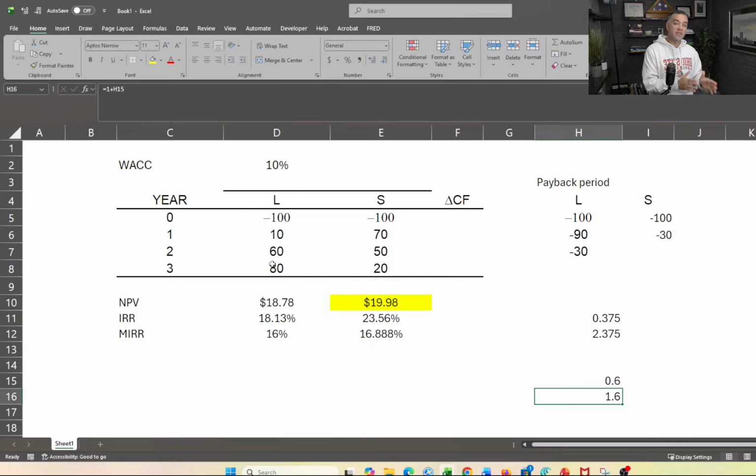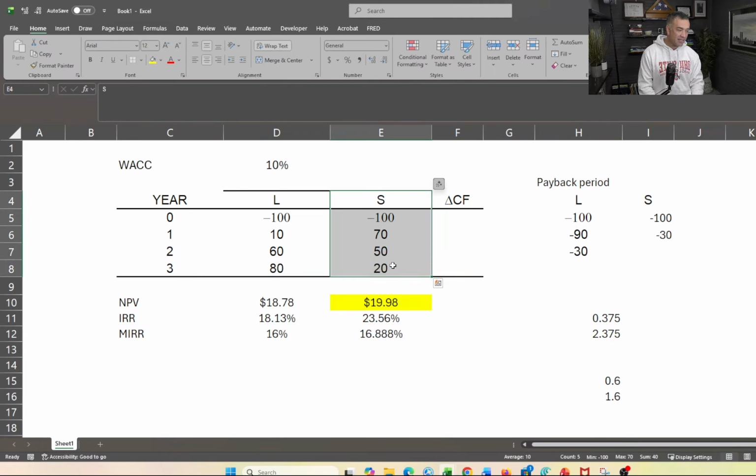So the benefit of this method is that it's quick and it's easy. The downside of it, I want you to think about it. Let's just say project L. Let's say I have to pay it back within 2 years. Well, it took me 2.375 years, so we would not accept it, right?